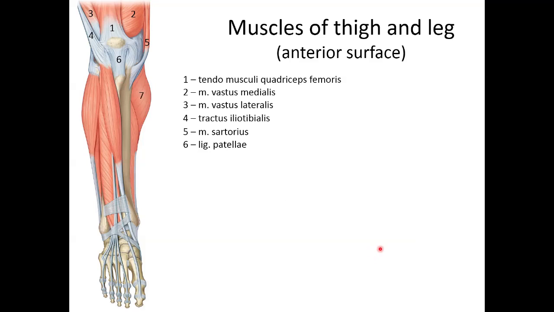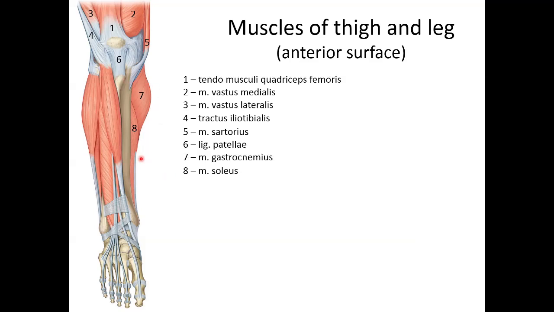And then number seven is musculus gastrocnemius caput mediale. Mediale because here it is the first toe. Gastrocnemius caput mediale.